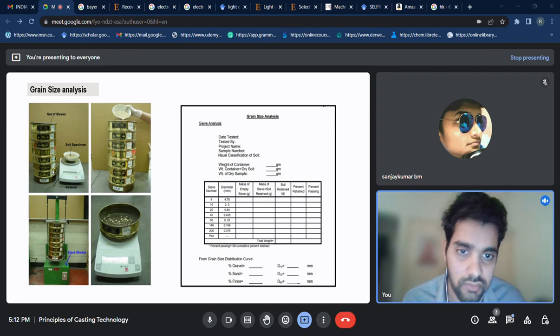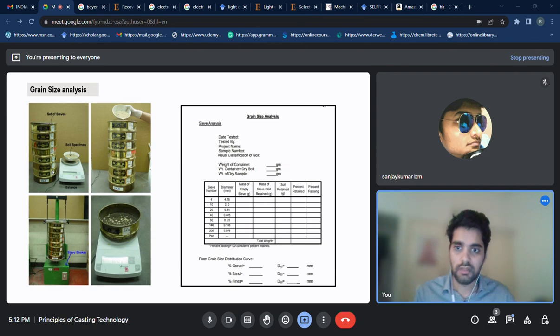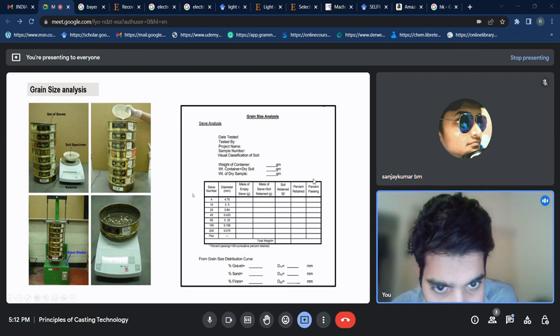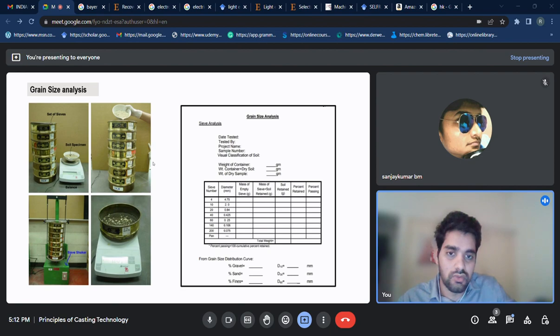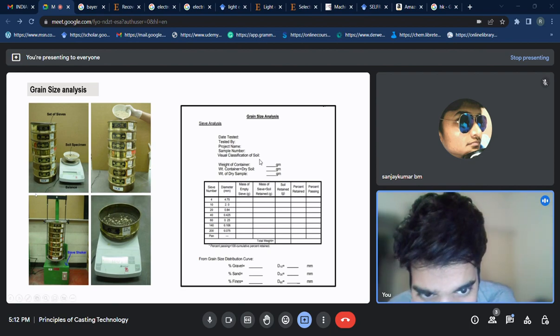Then we make a table like this. This is generally the ASTM standard for how we calculate it. I know the weight of the container, meaning the empty sieve without sample, and then the weight of the container plus dry soil, and from that the weight of the dry sample.